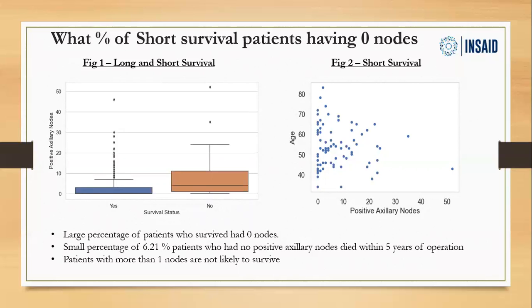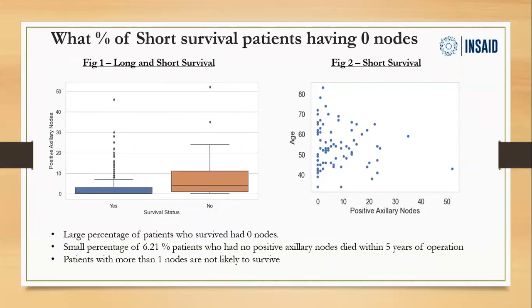So you can see that a large number of patients who had survived more than 5 years had only 0 nodes. But at the same time, on the right side, in the short survival graph, some amount of data also lies at zero axillary nodes.